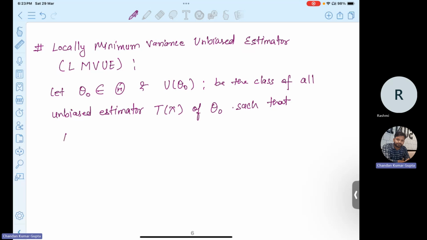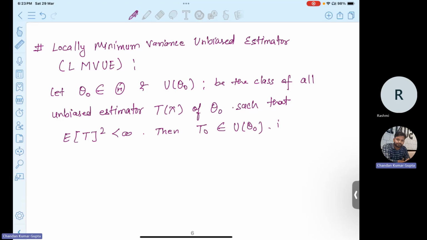such that the expected value of T square is finite. That means the expected value of T square exists. Then suppose T naught, which also belongs to the same class of unbiased estimators U(theta naught).